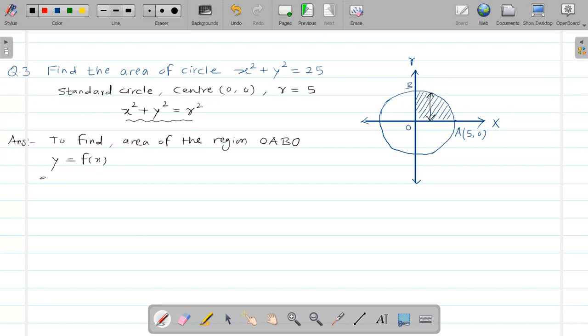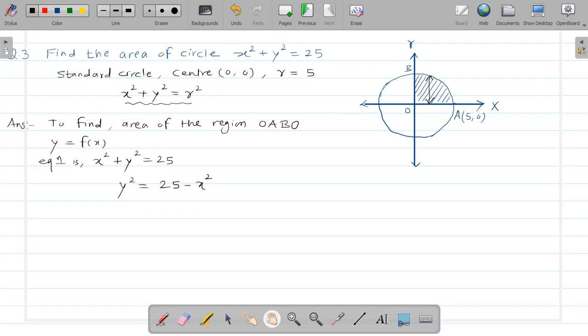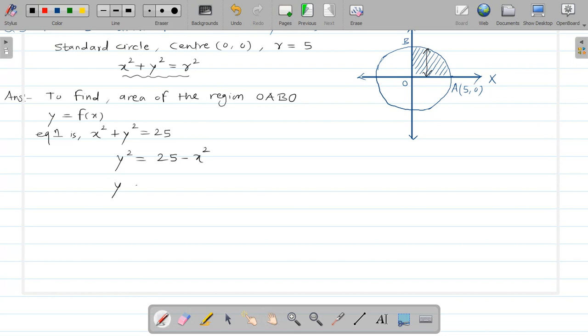The equation is x square plus y square is equal to 25. From this you will get y square is equal to 25 minus x square, and by taking square root you will get y is equal to under root 25 minus x square, which is in the form of y is equal to f of x from 0 to 5.